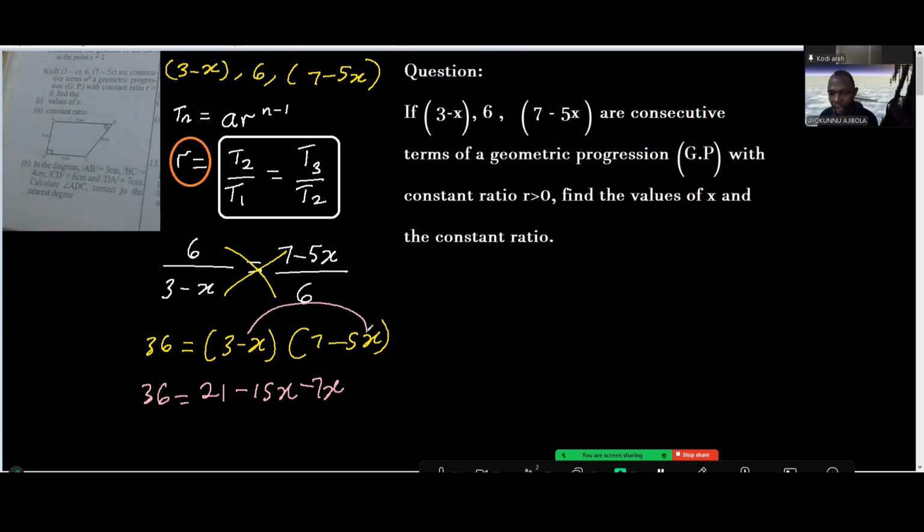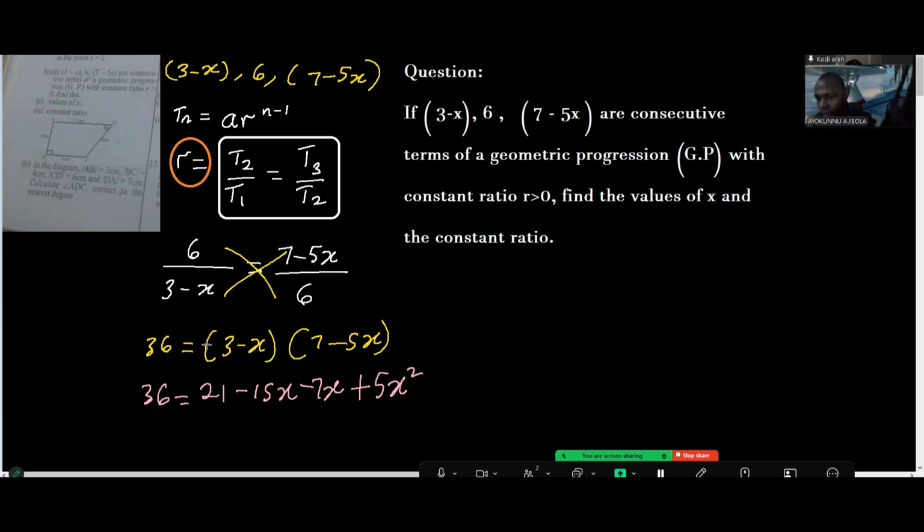Then negative x times negative 5x, negative times negative is positive, okay? Yes. So that'll be positive 5x squared. Okay, I can rewrite all of these to form a quadratic equation appropriately. So what I'm trying to do here is to combine all of the terms to one side and have zero at the other side. Exactly.